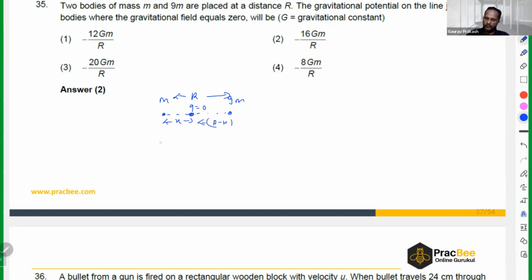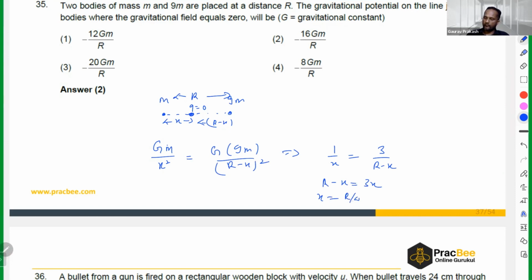So I can say the gravitational field is G m upon x square is equal to G into 9m upon r minus x whole square. So if I take the square root here, this will become 1 by x and this will become 3 by r minus x. So r minus x is equal to 3x. So x is r by 4. So I get the value of x as r by 4.